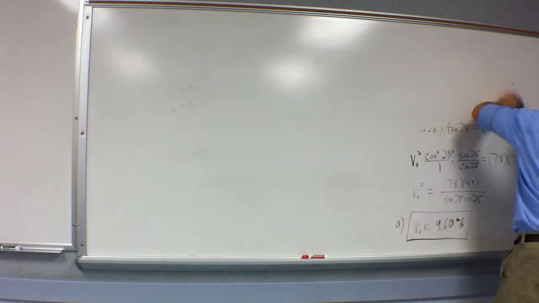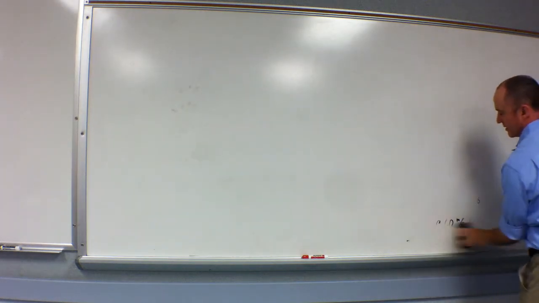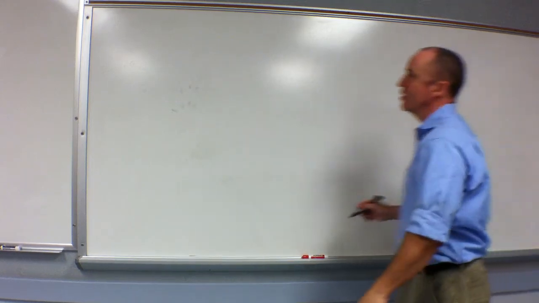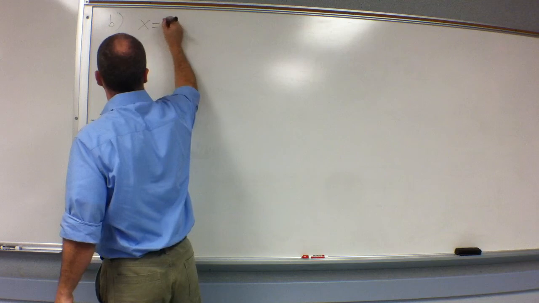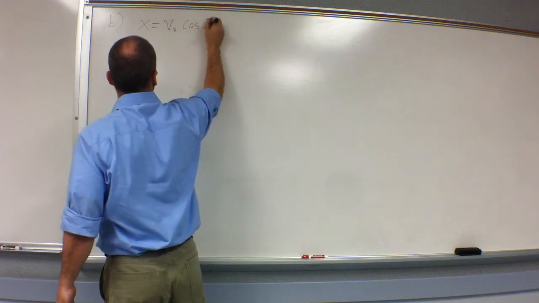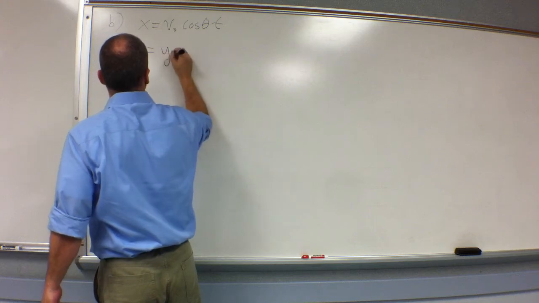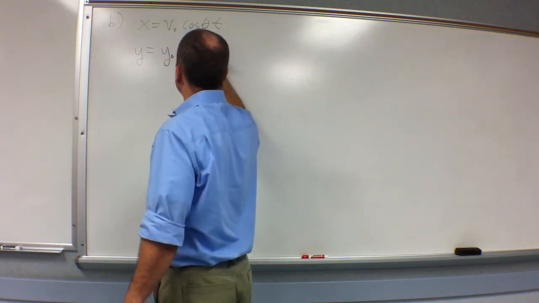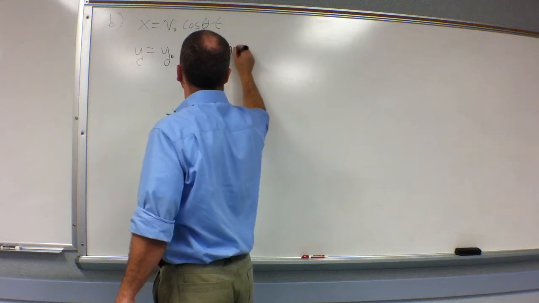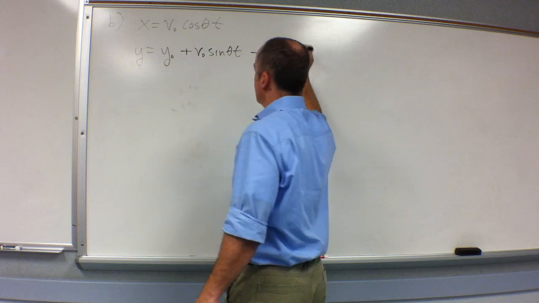And let's see what we've got. Okay, so now we go back to part B: x equals v initial cosine theta t, y equals y initial plus v initial sine theta t minus 1/2 gt squared.